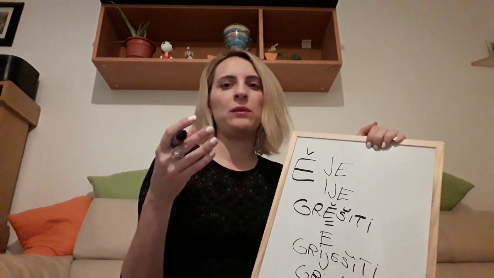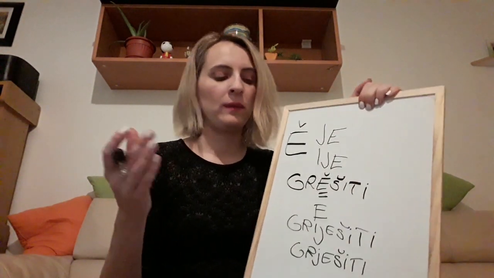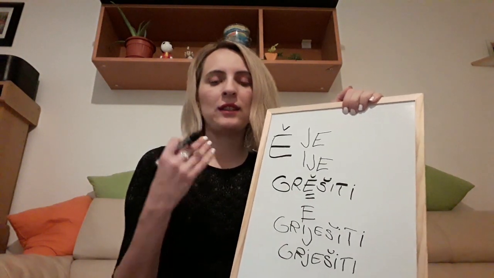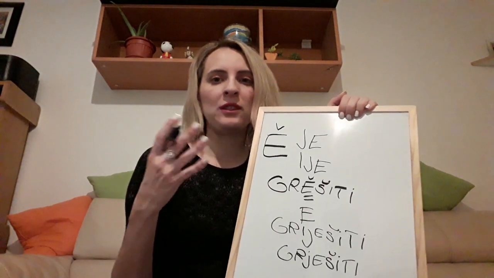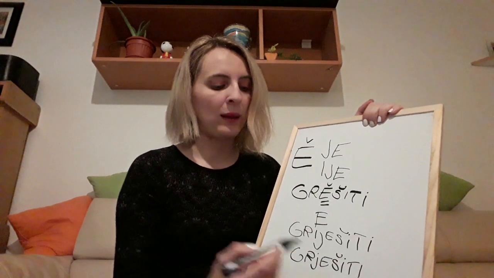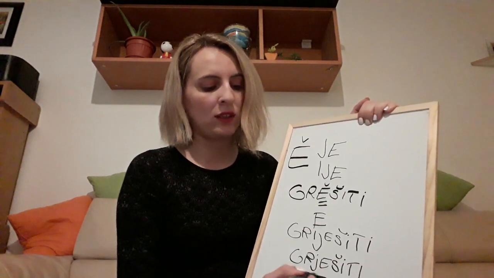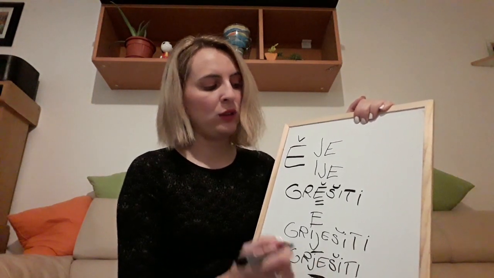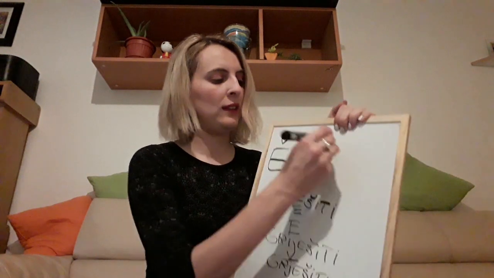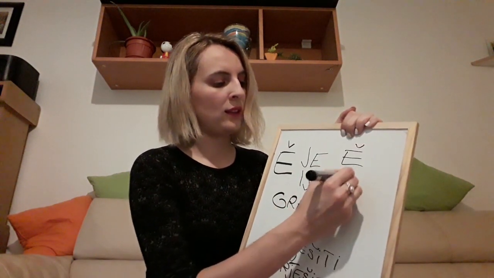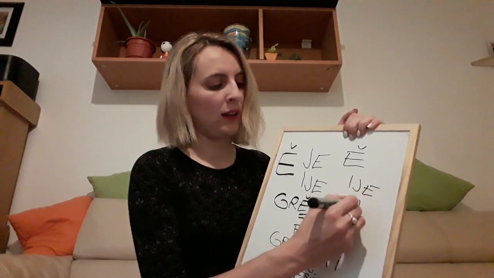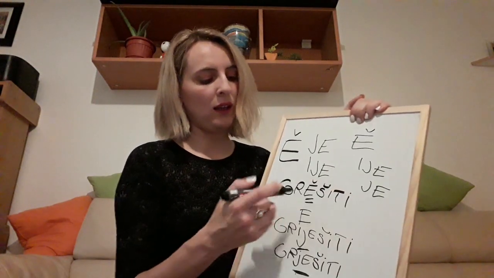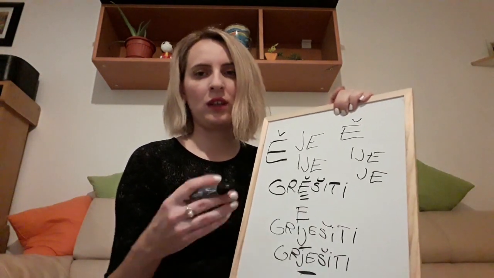So to do something wrong, to be wrong. For example, in Croatia, for me, it's easier to say griješiti because that is how I was taught, how it is in my culture, in my country. But somewhere they can say grješiti. So either way, it is correct. You just need to remember that when you say this letter, it is ie or je, and it depends on how you want to pronounce it.